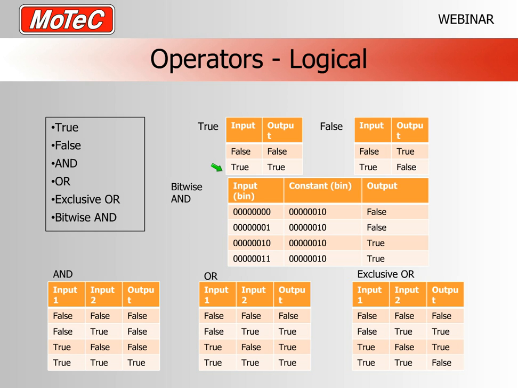This is fairly self-evident. However, we have a reversed version of the same thing, which inverts the logic, if you like. So if you have a false input, you'll get a true output. And if you have a true input, you'll get a false output. So that's why there are two operators, a true and a false operator. They effectively function in a similar fashion, but one of them is the reverse of the other.